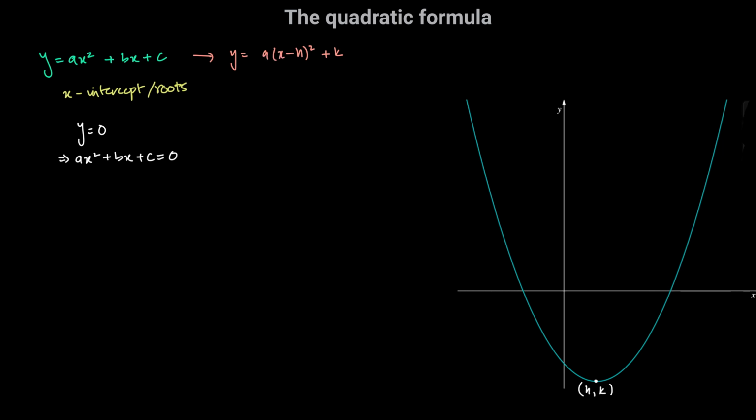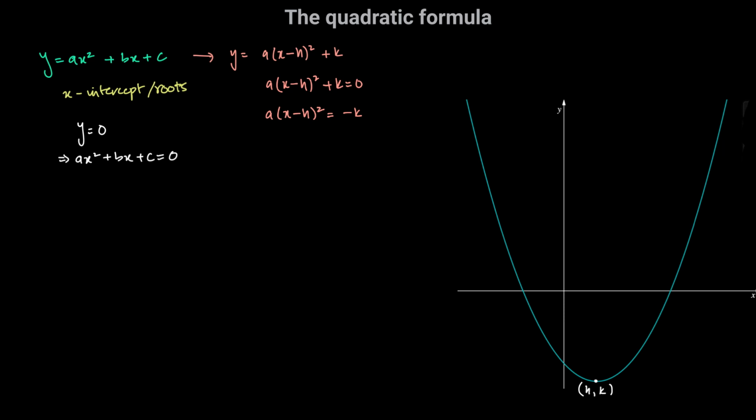And if we were to solve this equation now, in other words, if we say y is equal to 0, we can say over here that we have a times x minus h, the whole thing squared, plus k is equal to 0. So we can say that a times x minus h, the whole thing squared, is equal to negative k. Okay, and we want to solve for x.